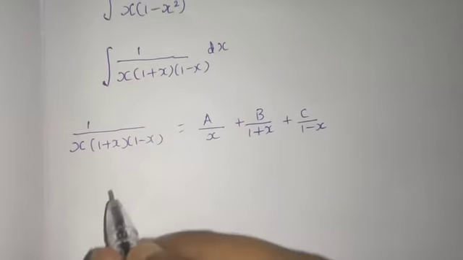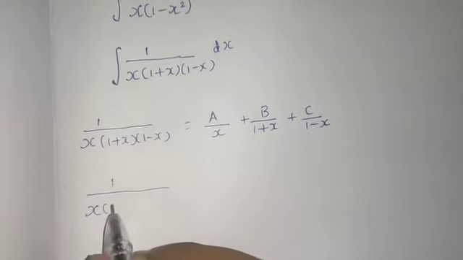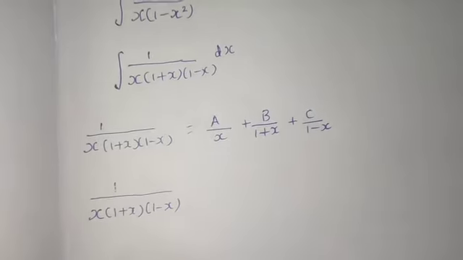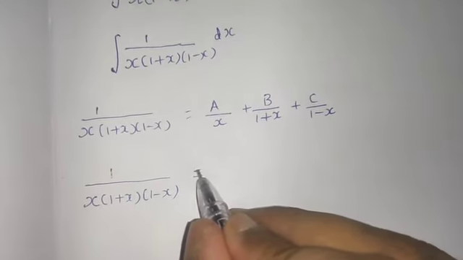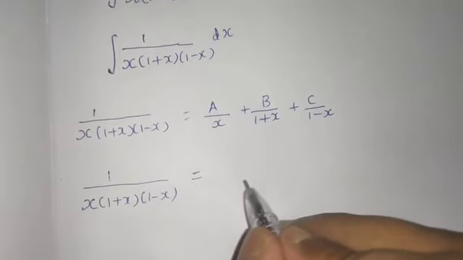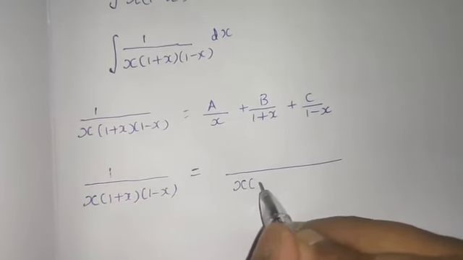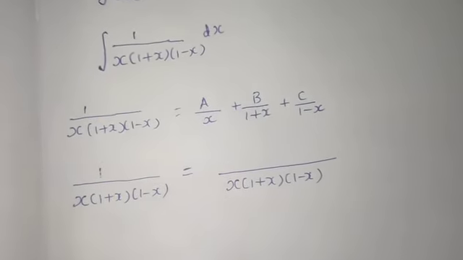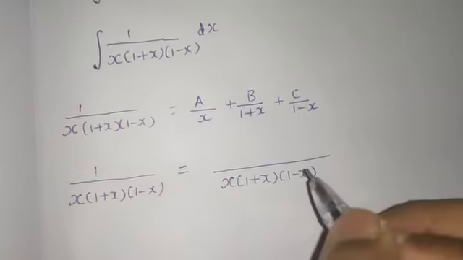Now LHS remains as it is. In RHS, what we can do is take LCM, so we will get x, 1 plus x and 1 minus x, which is anyway going to be cancelled. You know this will get cancelled, but anyway write that.